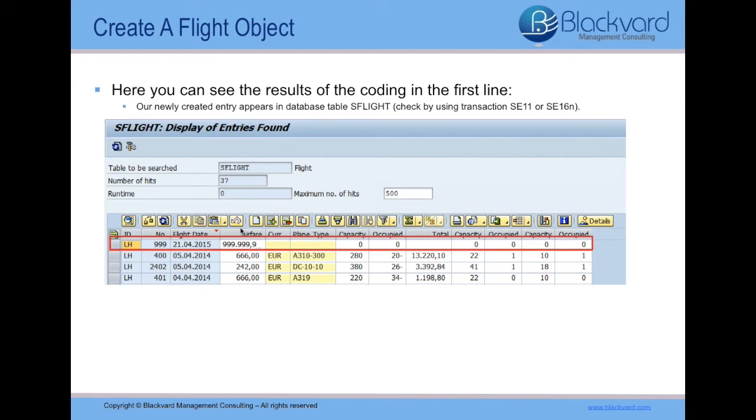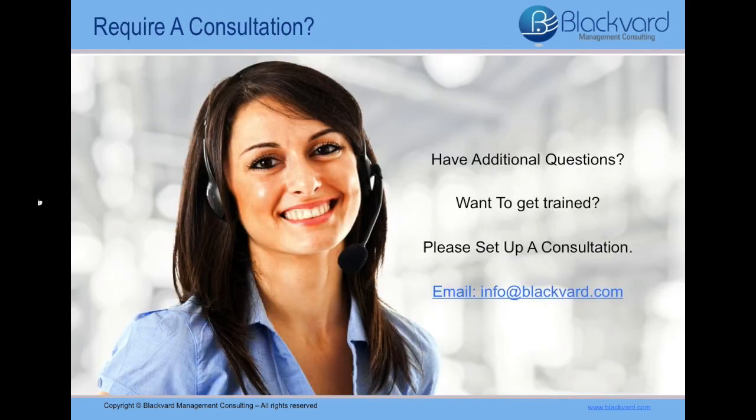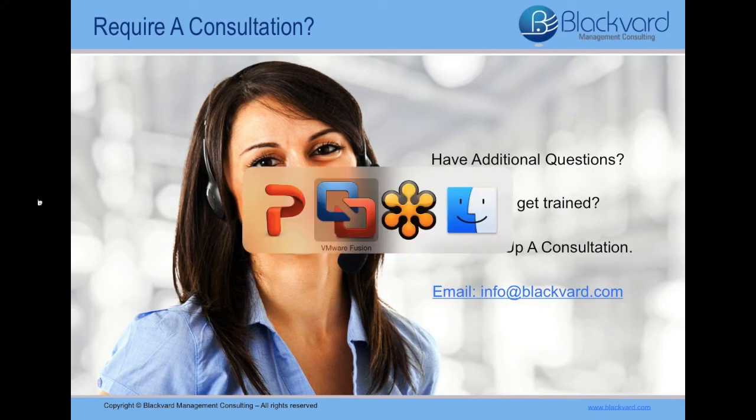The only attribute we changed is the price, in this case the airfare. The currency, plane type, capacity, and all the additional attributes are not touched. So we can change them or leave them. The important thing to provide a new entry is a complete primary key. This must be provided, otherwise the system will throw an exception.